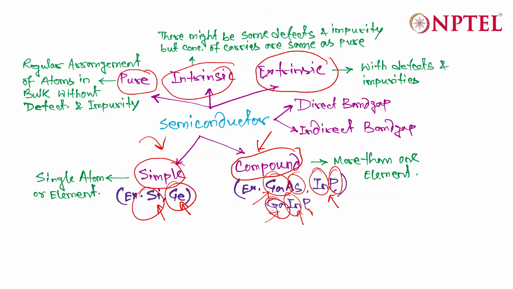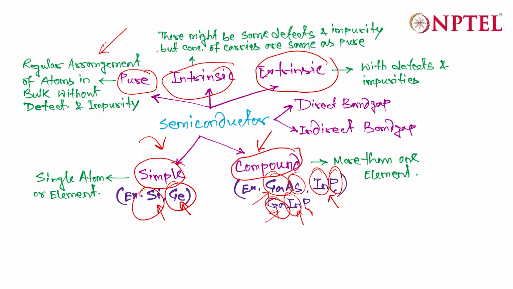Now, in case of pure semiconductor, what does that mean? In a pure semiconductor, the molecular arrangement will be very regular. We'll find a regular arrangement of atoms in the bulk without any defect and impurity.